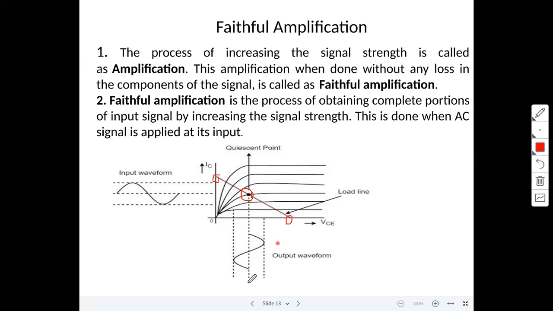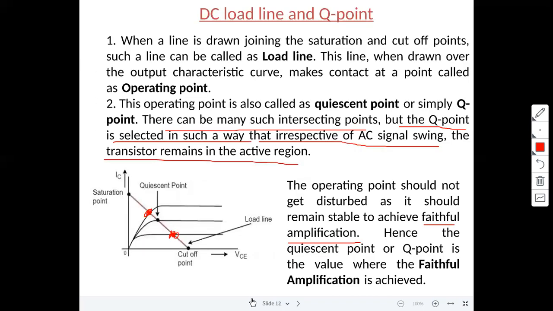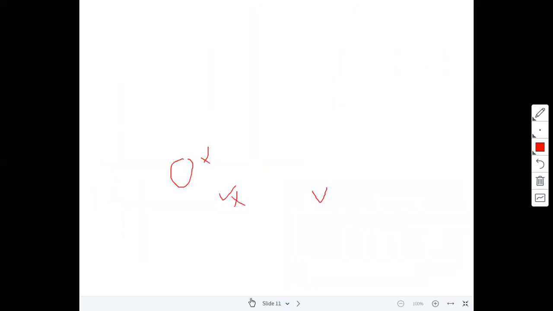Then how to draw the DC load line? We have to identify the points on the y-axis and x-axis. When you take the point on the y-axis, the x value is equal to 0. When you take the point on the x-axis, the y value is equal to 0. First of all, write the output KVL equation. In that output KVL equation, identify the x and identify the y.